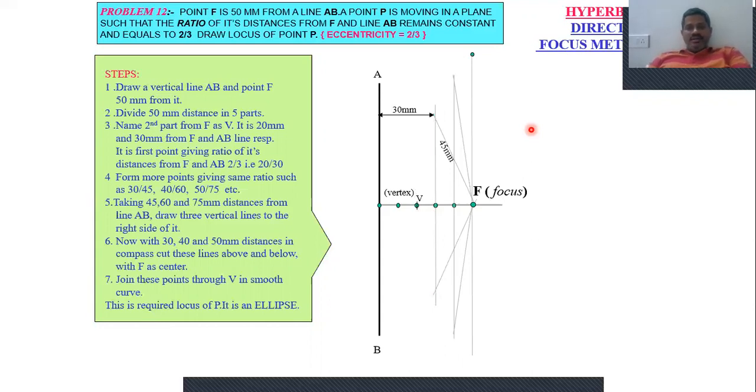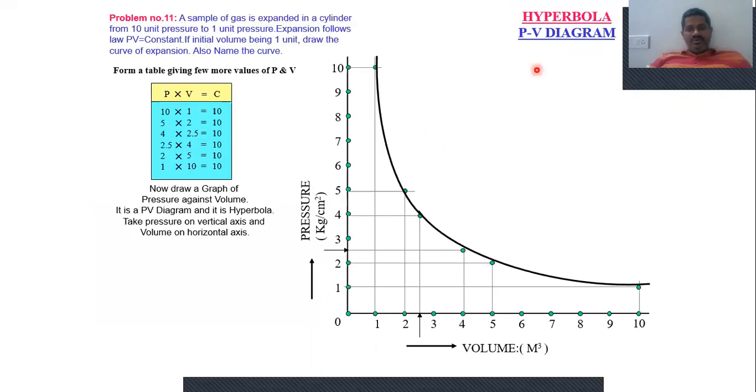Now let me go back to what we discussed in the previous slide: the hyperbola with a given relation. In this case we are plotting a PV diagram. The pressure is expanded from 10 bar to 1 bar, and the expansion follows the law PV equal to constant. For that we have some values here.